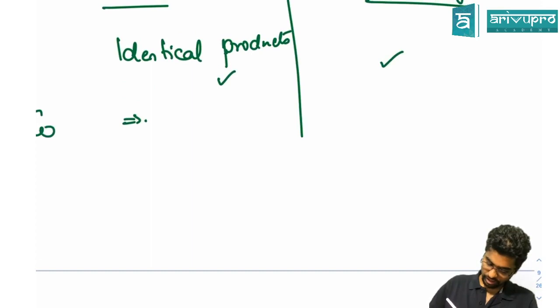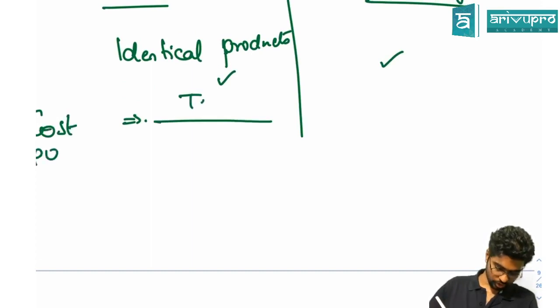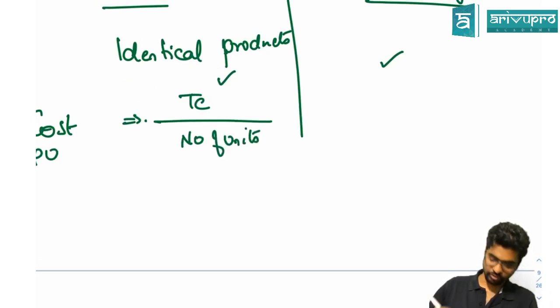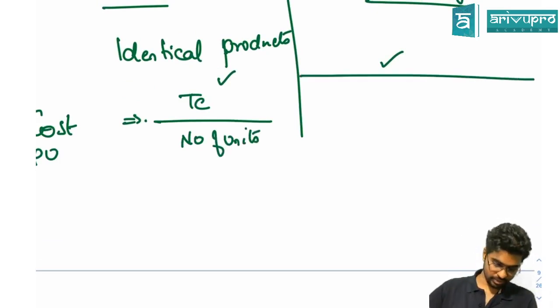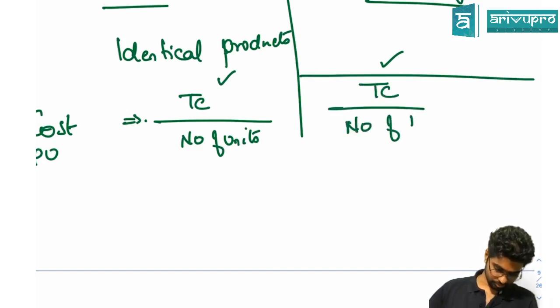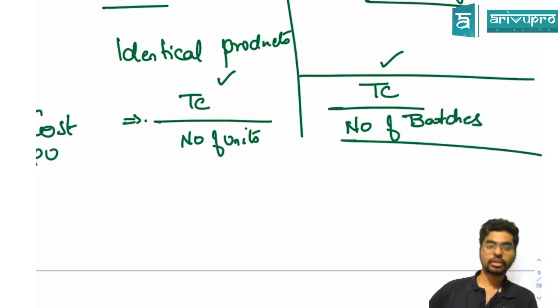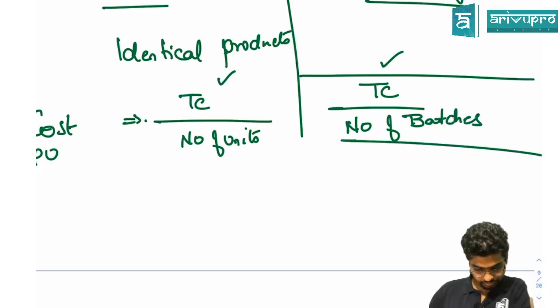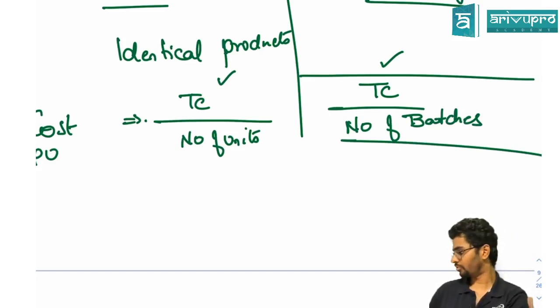Here I find cost per unit is equal to total cost divided by the number of units. Here it will be total cost divided by the number of batches. Total cost divided by what? Number of batches.